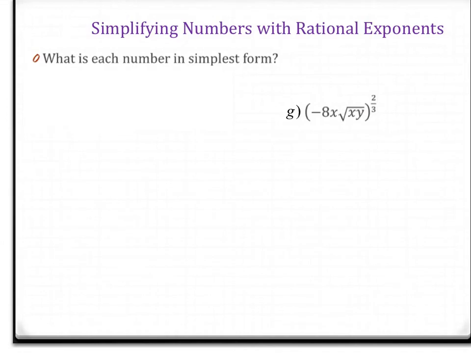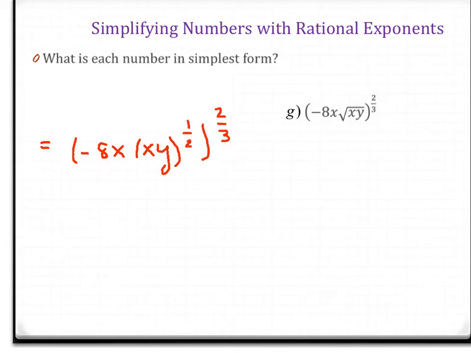So for this example, we're going to have multiple steps. The first step is to rewrite the radical that is in the parentheses so that it has a fraction exponent. So that's going to be the 1/2 power whenever we have square root. So now we're going to distribute that 2/3 power to every term.